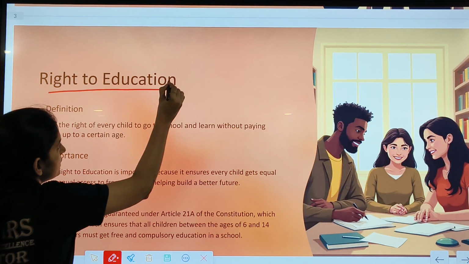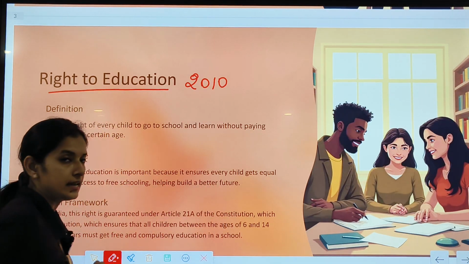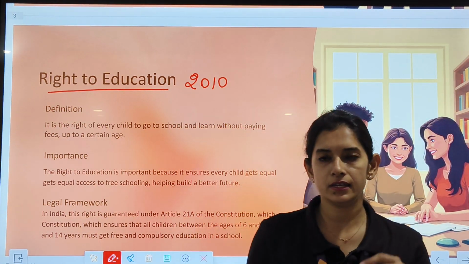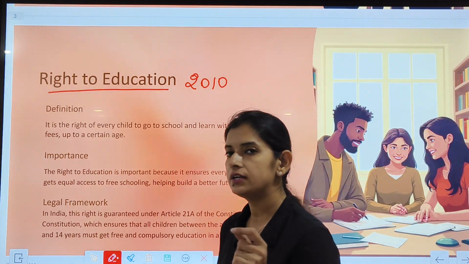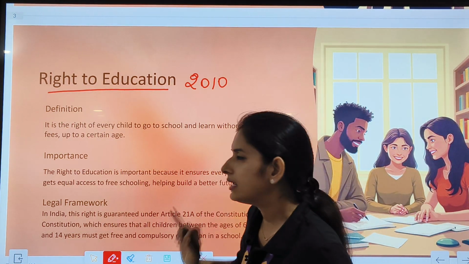This right to education actually came into force in 2010. The government of India made it a legal right, enforced it on the citizens in the year 2010.